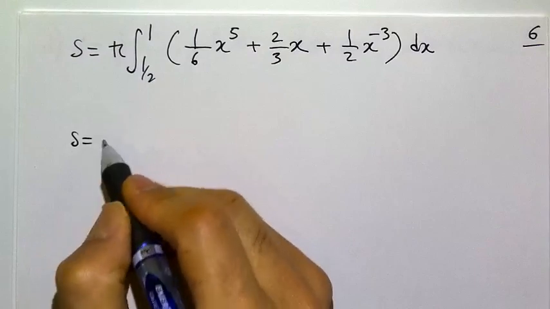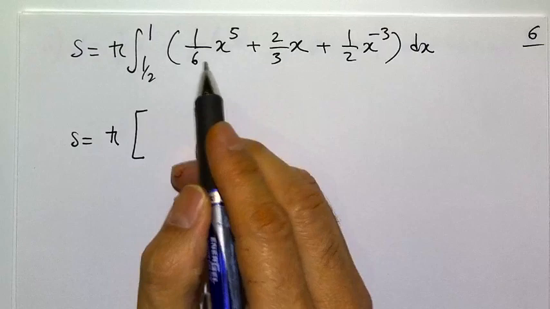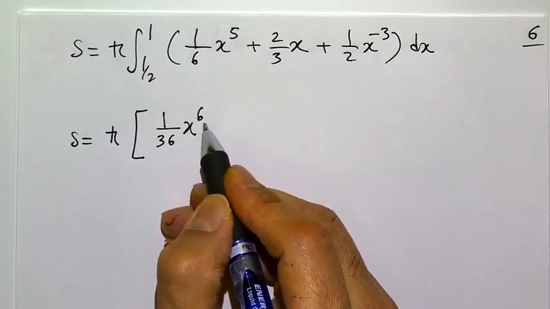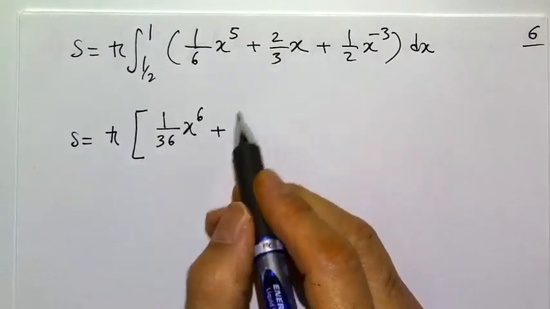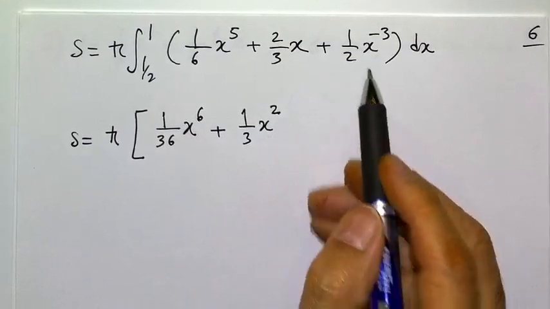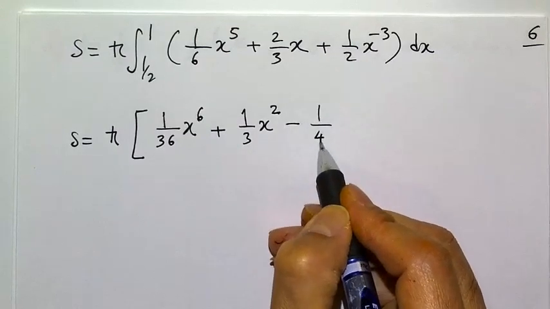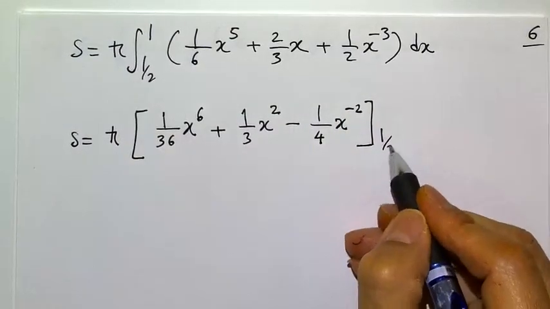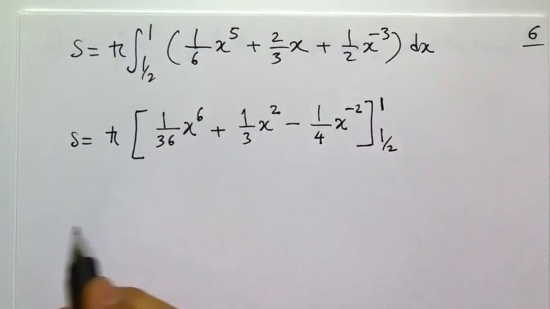So we have s equals pi times 1/36, right? So 1/36 times x to the 6th power plus 1/3, after simplifying, 1/3 times x squared, and this will be minus 1/4 x to the minus 2 power from 1/2 to 1. Okay.